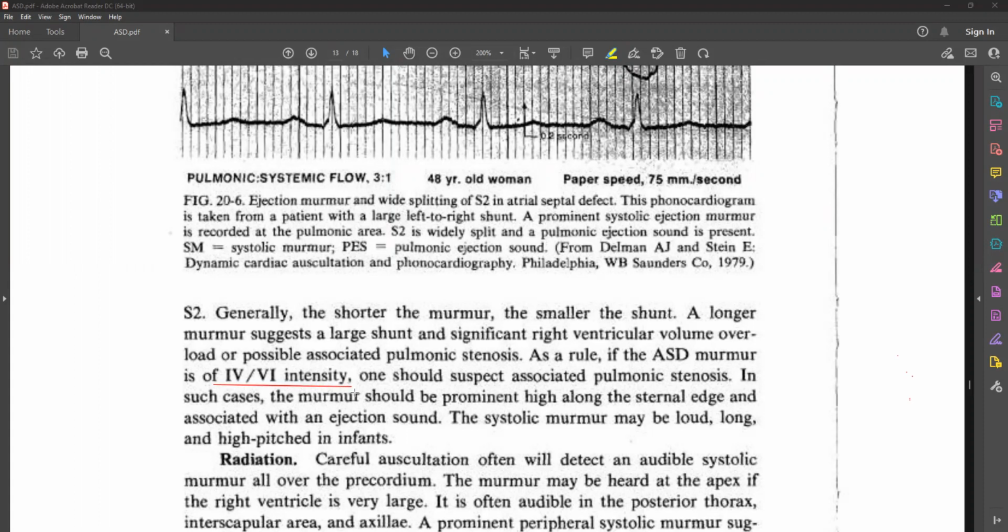Anything more than grade 4, you should suspect associated pulmonary stenosis. Another exception you can remember is occurrence of a severe pulmonary artery hypertension. You can just remember that. So what you need to really remember here is that generally thrill is not present here.